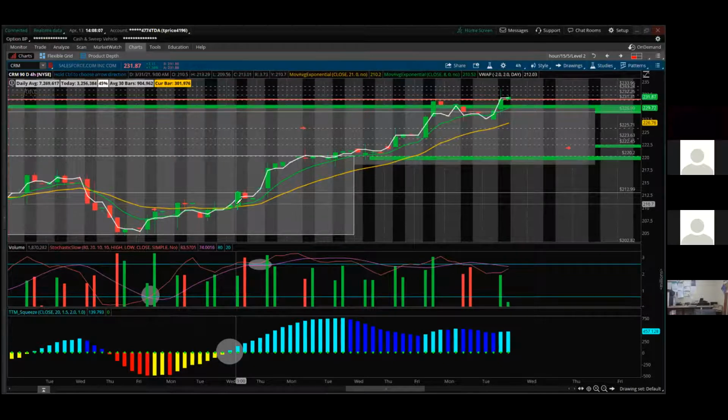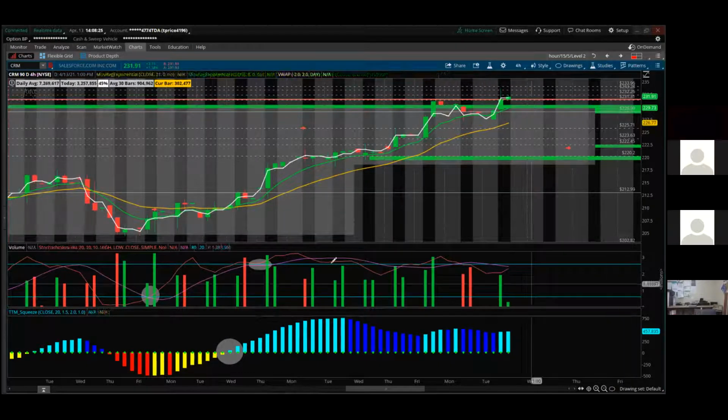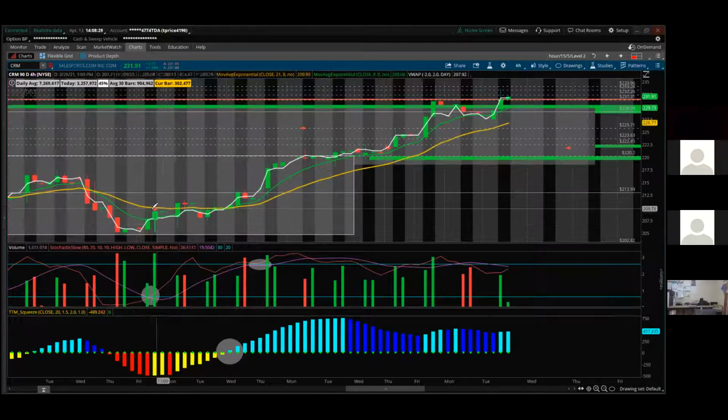So $1 after the stochastics, but still, it alerted you pretty early, because right as the TTM is squeezing to the upside, the EMAs actually crossed upwards, right? So this is a great trade if you spotted this, because you could have got in right here. A risky trade would be at 210 or 211.